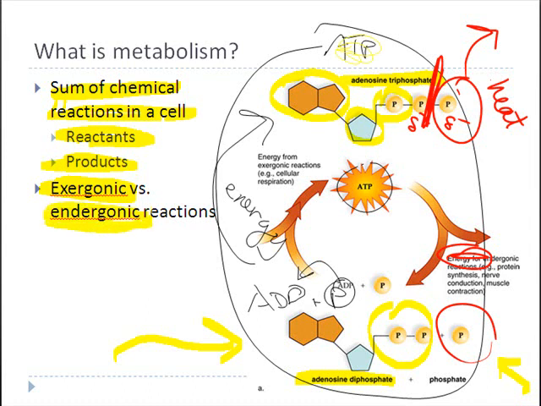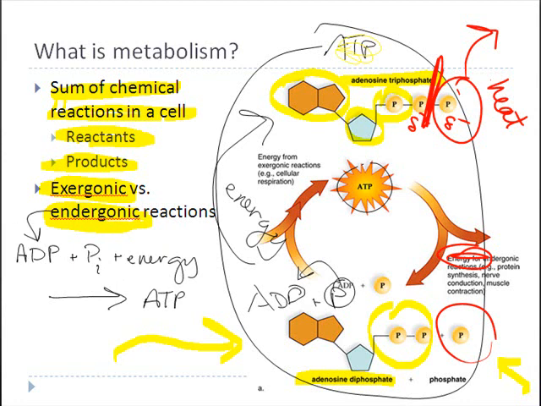Endergonic reactions consume energy in order to produce a product. So in this case, you would see energy on the left side of the equation. For example, you would write it like this. An endergonic reaction would be ADP plus inorganic phosphate plus energy yields ATP. That's an endergonic reaction.